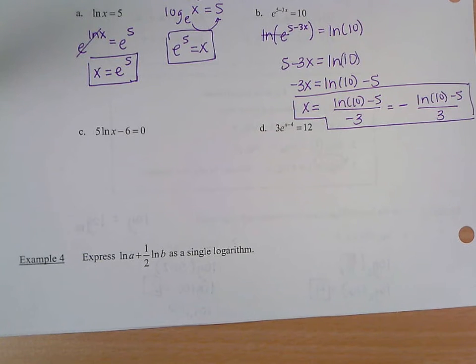And then I included C and D. These are ones where the logarithm or the exponent is not alone. So make sure, because I see this is a common mistake, before you raise both sides as a power of e, or before you take natural log of both sides, you need to get the logarithm or exponent by itself first.